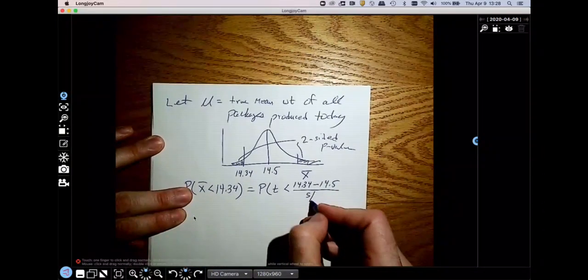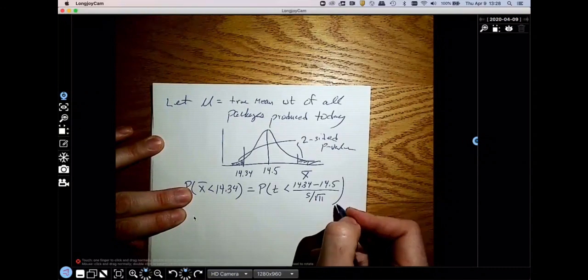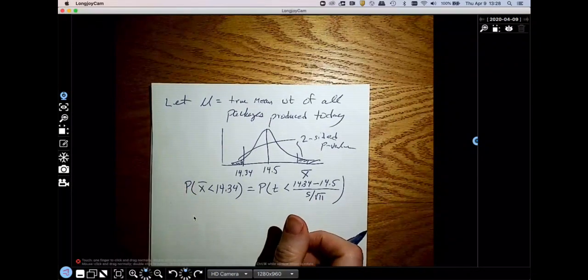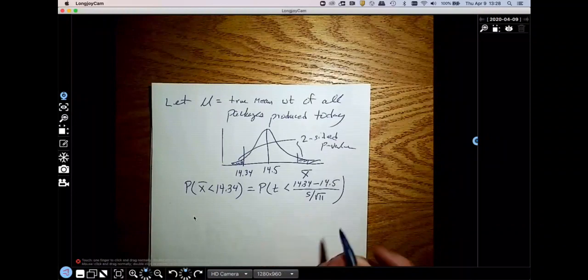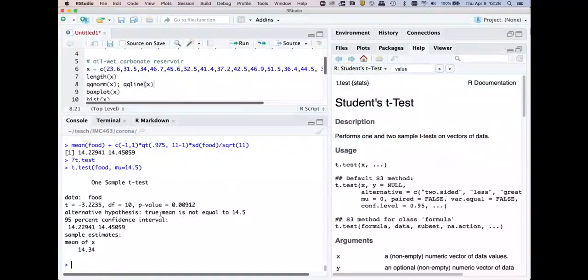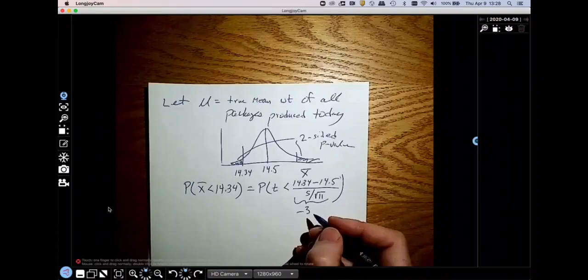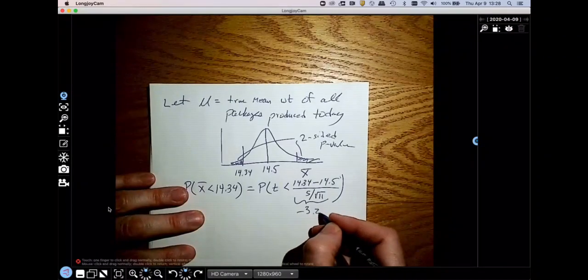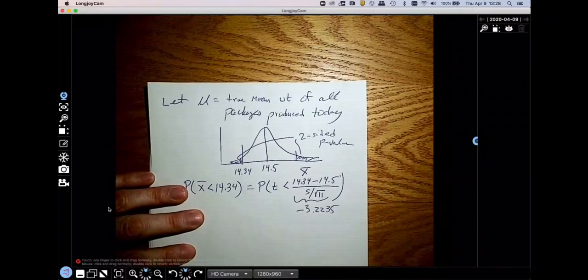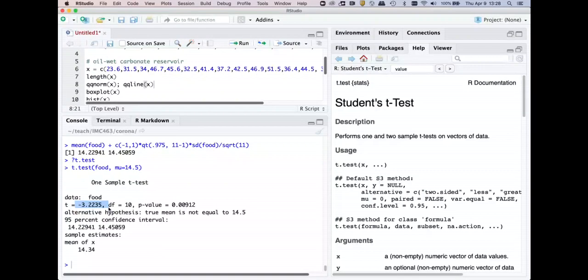So that's going to be S over root 11. And this number right here was actually given to us. It's this t statistic, minus 3.2235. Now, let's just go back to R for a second and compute this.